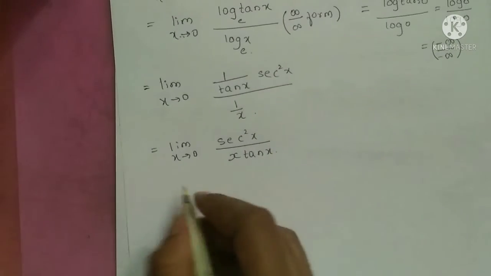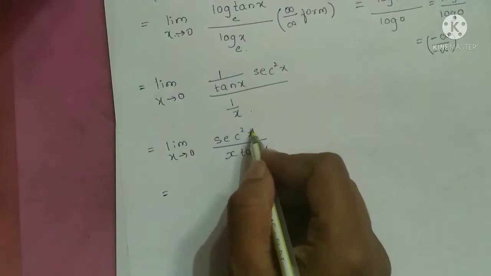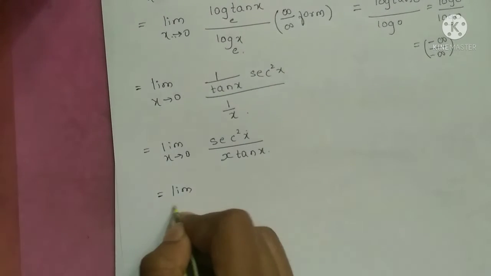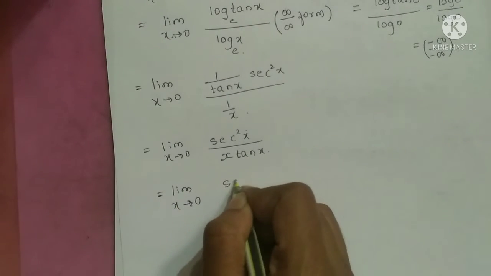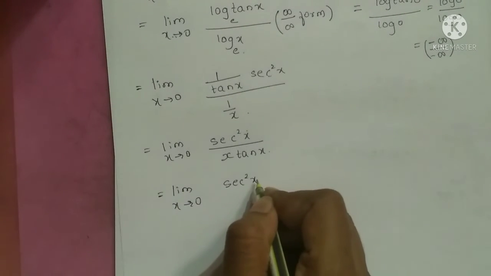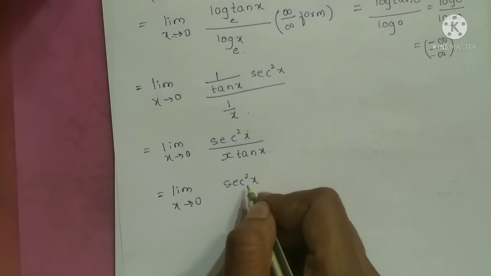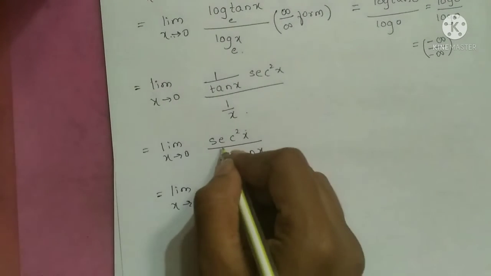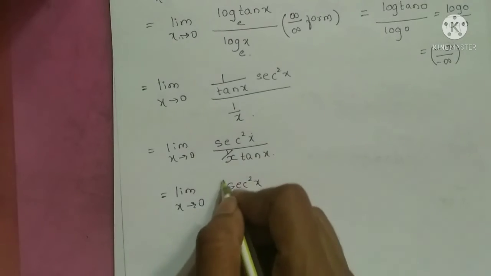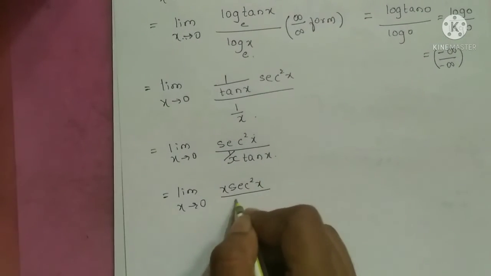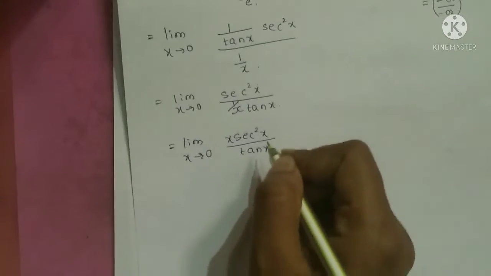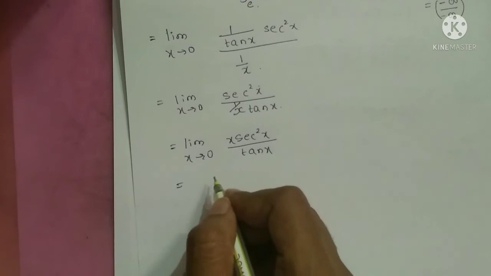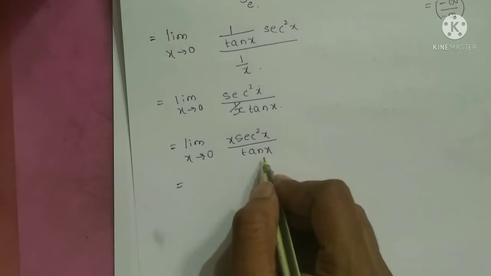Here you have limit x tends to 0 secant square x, and in the denominator you have 1 by x. So it can be written as x secant square x by tan x. Wherever you find x by tan x, that value as x tends to 0 can be replaced by 1.